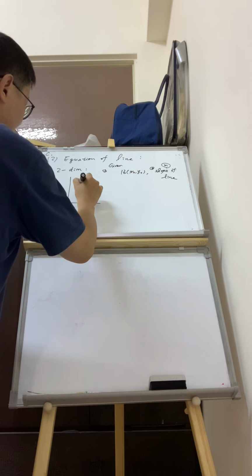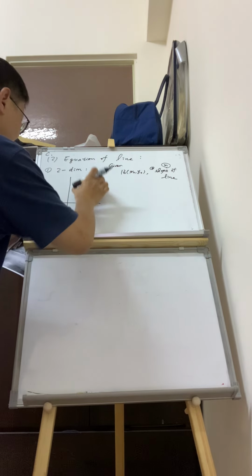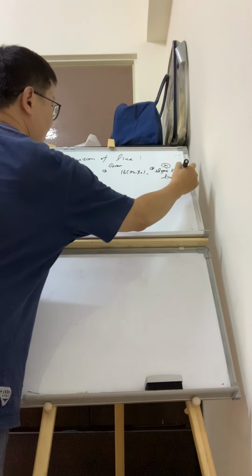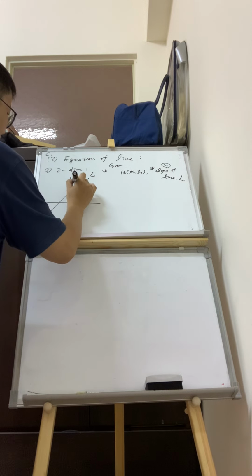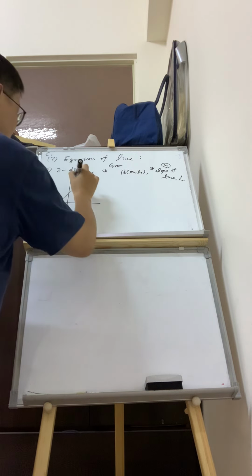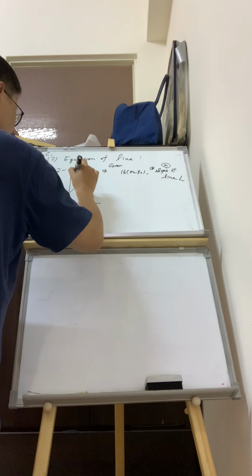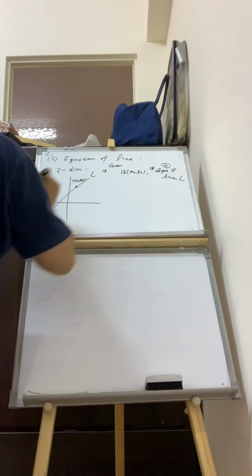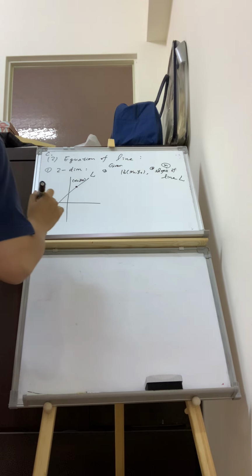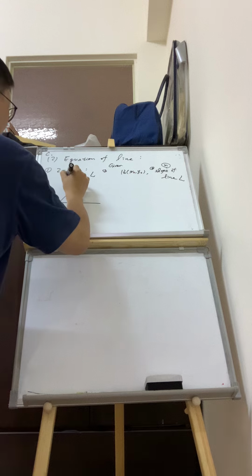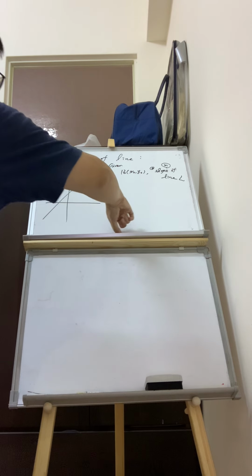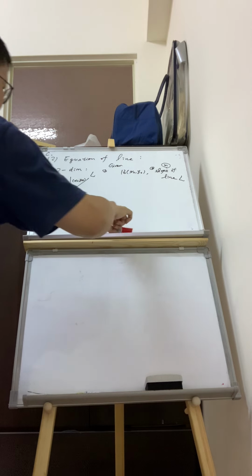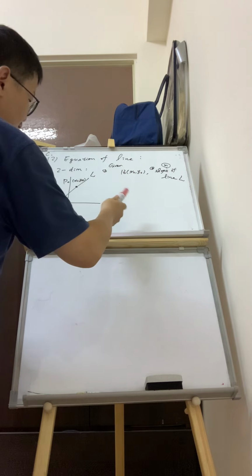So for example, here is our line L, and we know it passes through one point x0, y0, which I denote by P0. If we know the slope of this line, then we could use the formula. By definition is also fine.